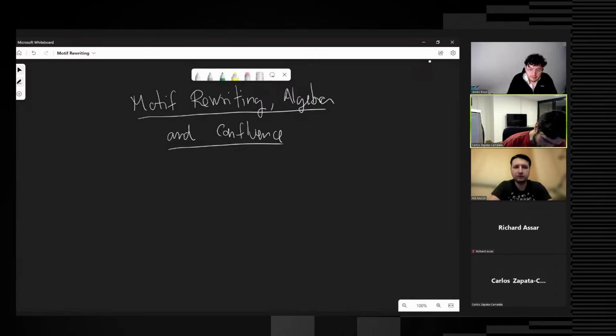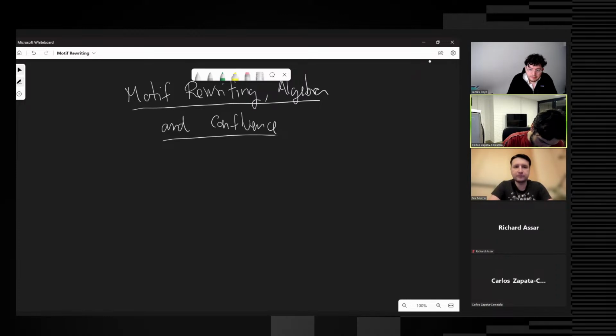So to set the stage, we want to consider our states for the rewriting, which are labeled hypergraphs.